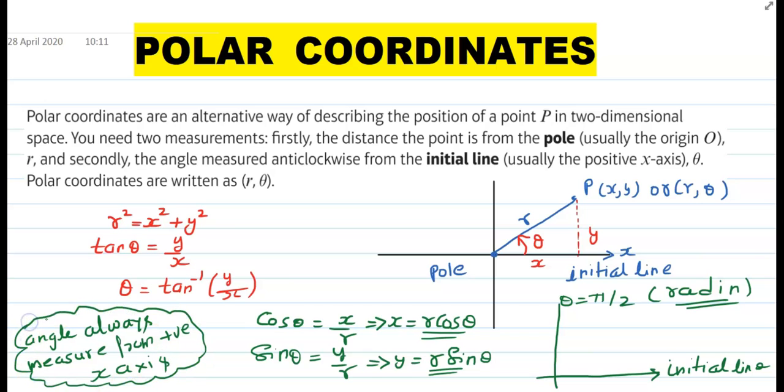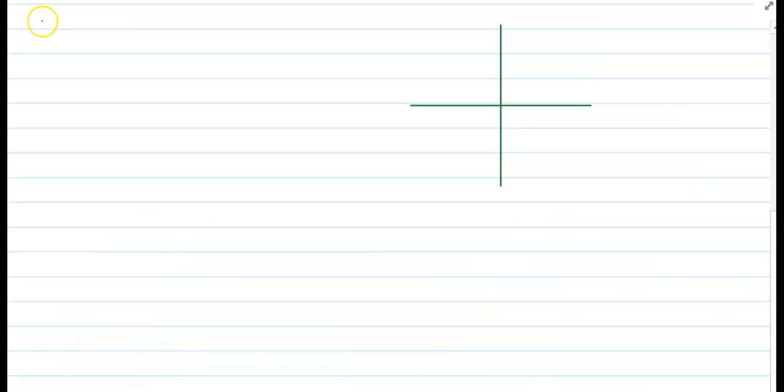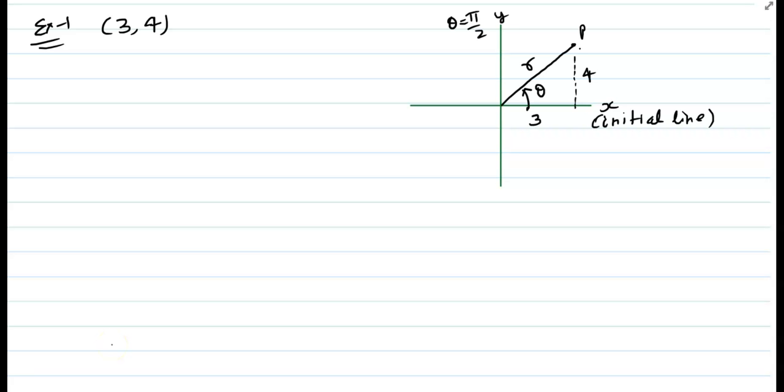Let's see a couple of questions based on polar coordinates. So here is question 1. Example 1: the point (3, 4) is given and we need to represent it in the form of polar coordinates. Our aim is to find r and theta, and we need to remember which quadrant the angle is in.